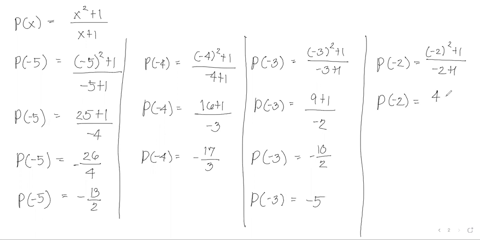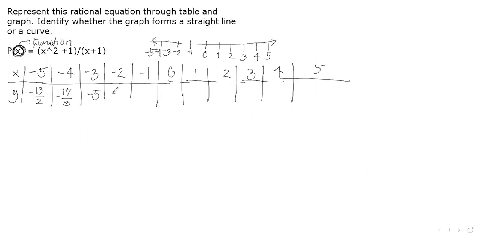So negative 2 squared, that's 4 plus 1 over negative 2 plus 1, that's negative 1. And P of negative 2, 4 plus 1, 5 over negative 1, that is just the same sa kanina, which is negative 5. Okay, negative 1.